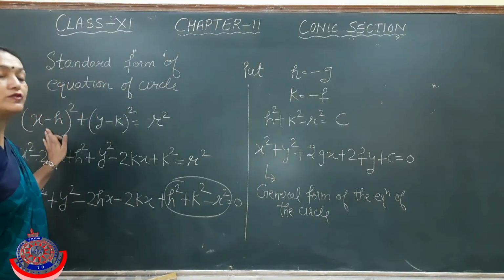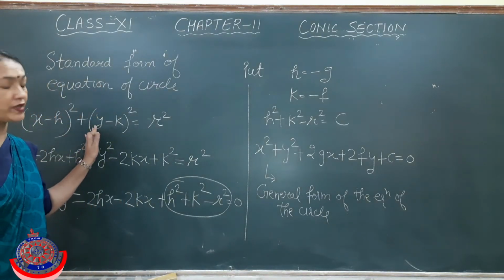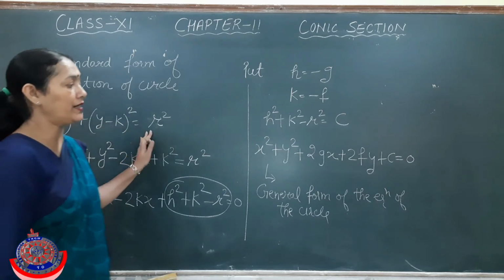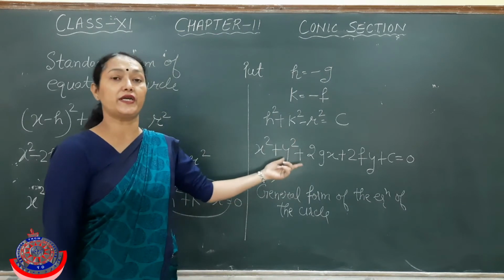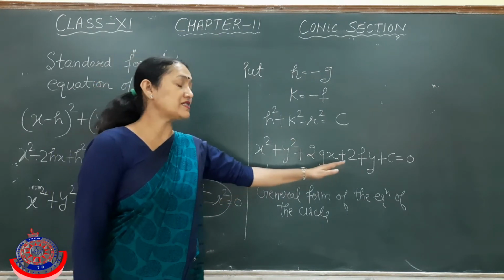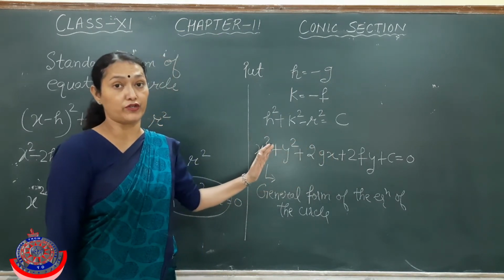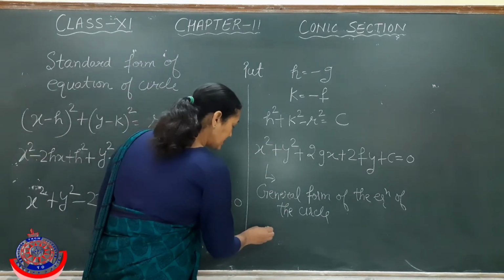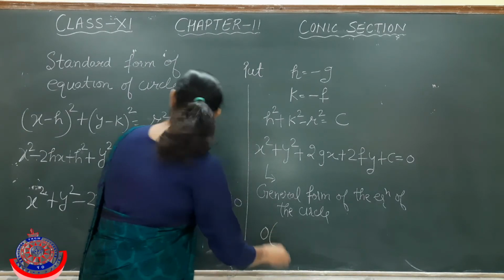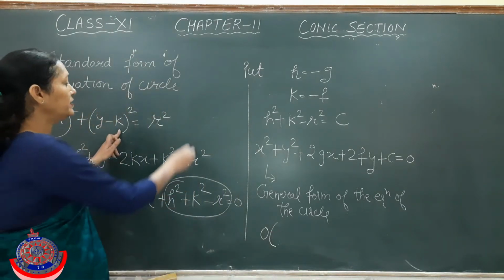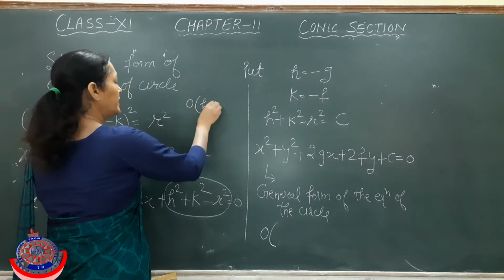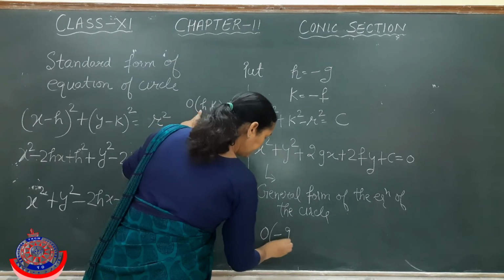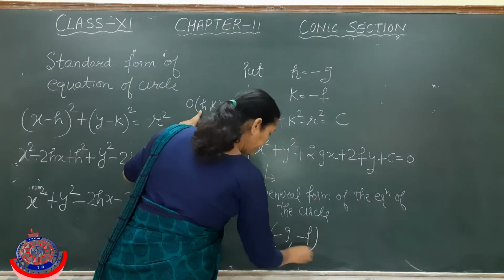(x minus h) square plus (y minus k) whole square equals to r square is the standard form of the equation of the circle, and x square plus y square plus 2gx plus 2fy plus c is equal to 0 is the general form of the equation, where center, now what has center become? Earlier center was h and k. In place of h, minus g has come. In place of k, minus f.